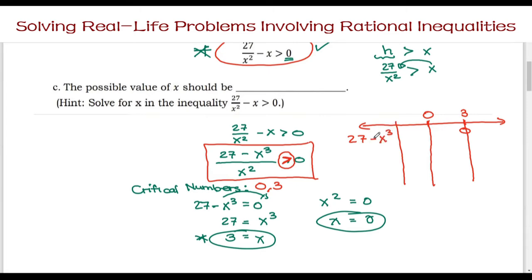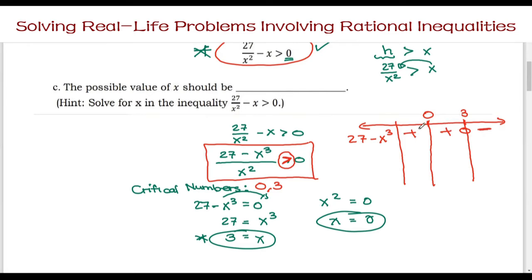Nakikita nyo? It's a negative. Sinabi ko rin dun sa video on rational inequalities na kapag negative ang coefficient ng inyong variable, mag-change yung sign. What do I mean by that? Makikita nyo na yung mga positive numbers sa kaliwa ng 0, tapos yung mga negative numbers sa kanan.